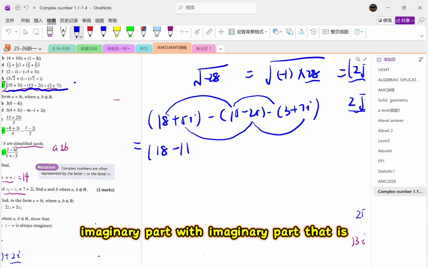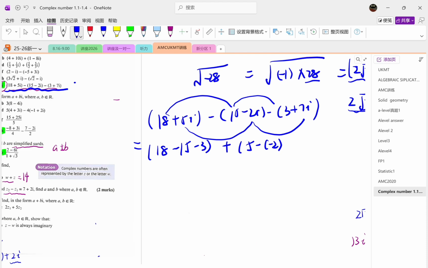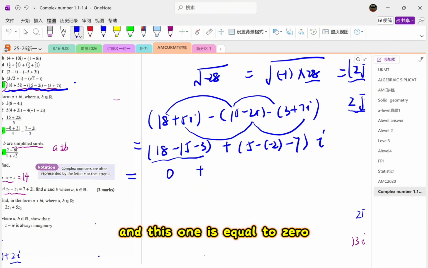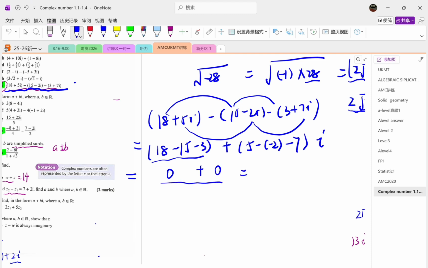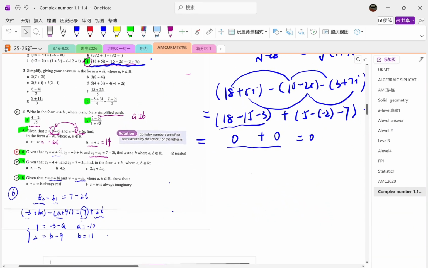That is 18 minus 15 minus 3, plus 5 minus negative 2 minus 7i, and this one is equal to 0. And for this one, it is equal to 0. So 0 is a real number.